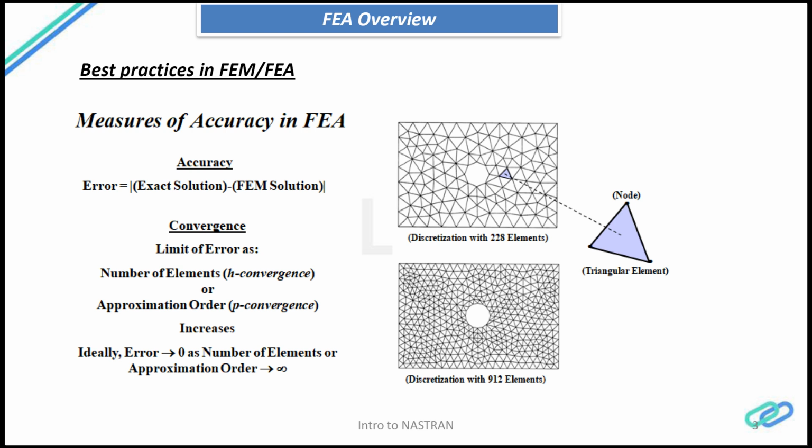One of the measures of accuracy in the finite element method is based on the error, when we compare the output from the solver or the FE tool against the hand calculations or the closed form solution. In that way you can point out what error percentage it gives.